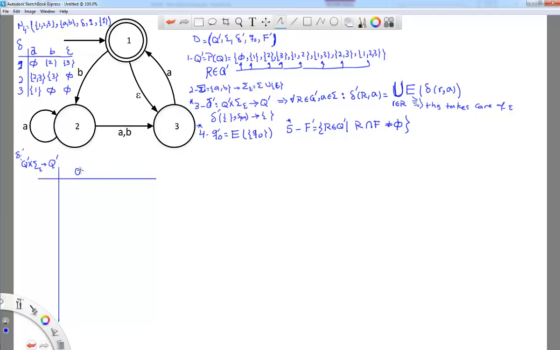So I'm going to basically use A and B. And my input states are going to be from Q prime, and Q prime is phi, set 1, set 2, set 3, set 1, 2, set 1, 3, set 2, 3, and set 1, 2, 3.